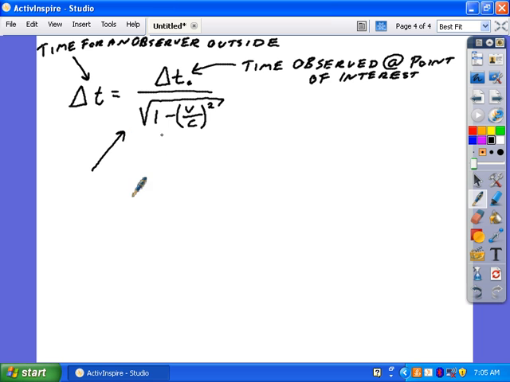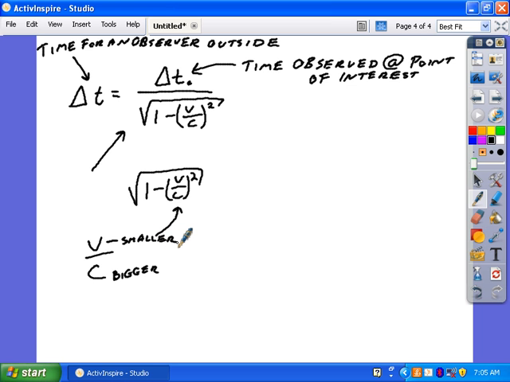But down at the bottom, we've got, first of all, the square root of 1 minus v over c squared. Now I want to take a look at this part right here first. Notice that v over c, first of all, we cannot travel faster than c. So this is always going to be bigger, and this is always going to be smaller.